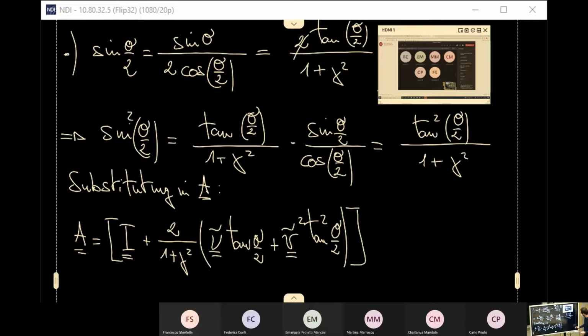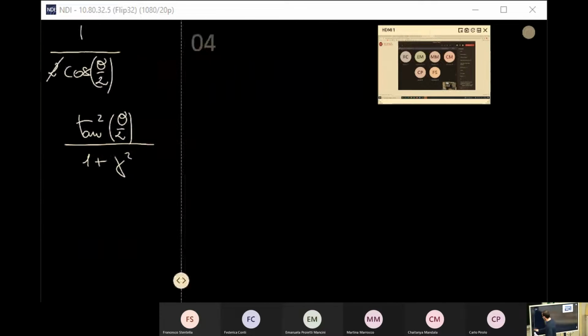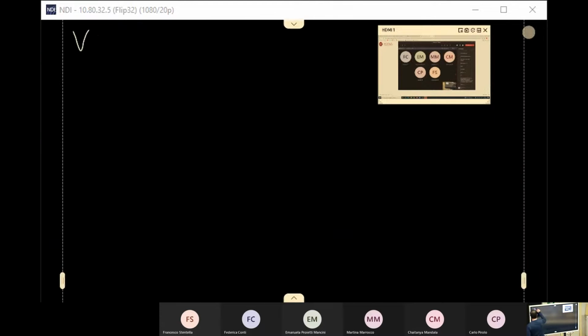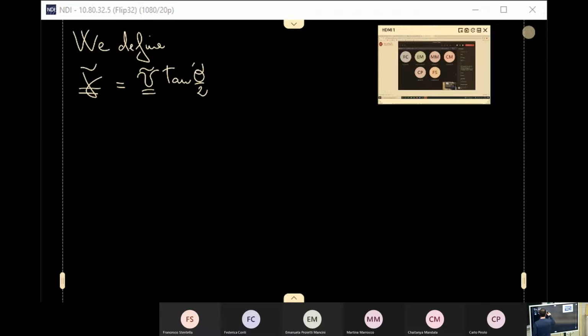Okay. Now we define gamma tilde as mu tilde times the tangent of theta divided by 2.